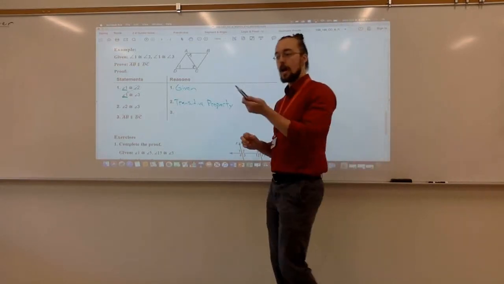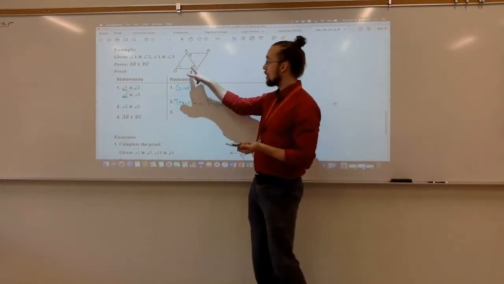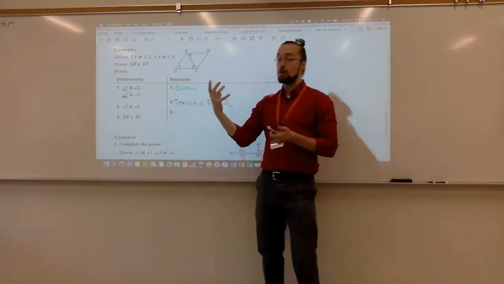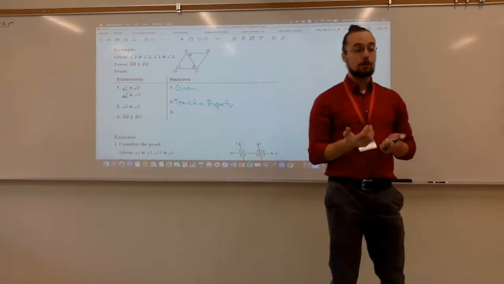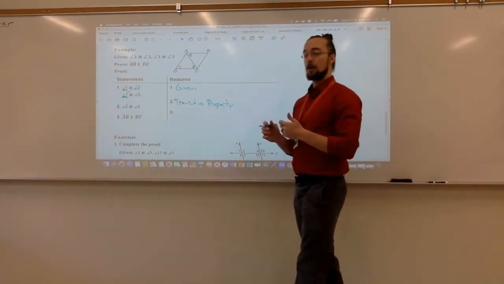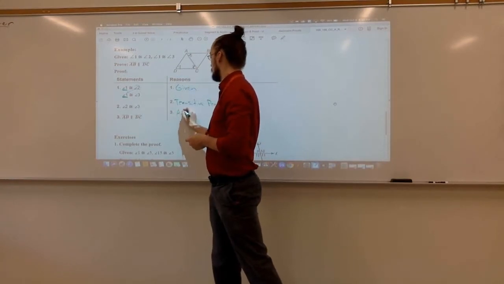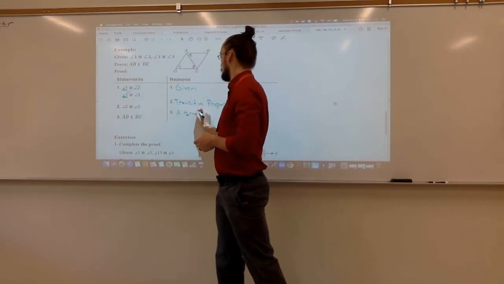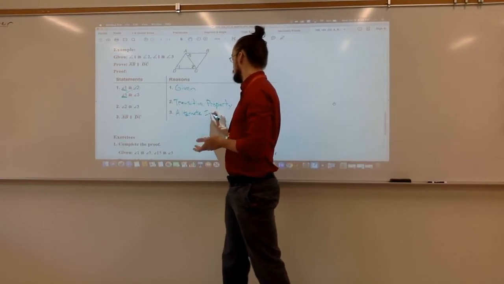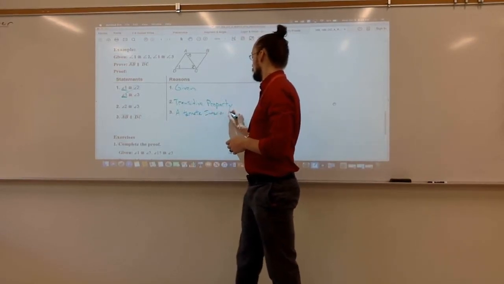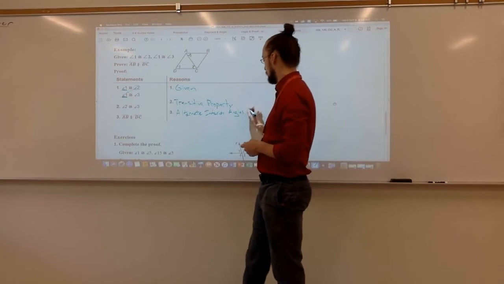Right. Okay, so now we're going to use the idea to say, well, if these two angles, these alternate interior angles are congruent, then the lines have to be parallel. So we're just going to say, since these are congruent, the lines are parallel by the alternate interior angles converse.